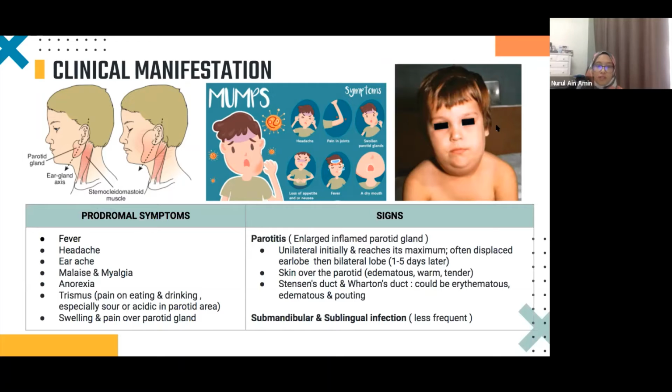It first begins unilateral, and then it becomes bilateral in more than 70% of cases. Okay, and that's how we can detect mumps. Usually a rash is rarely seen in mumps. So that's one of the most important differences.